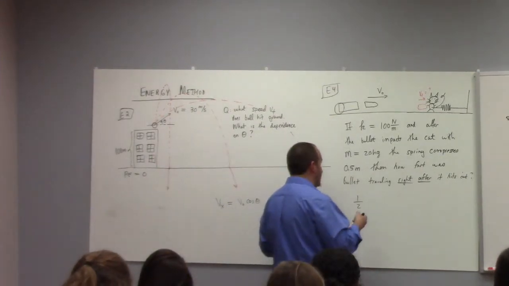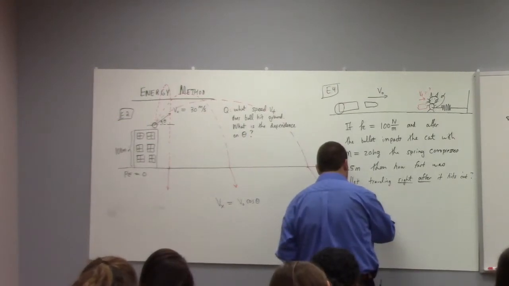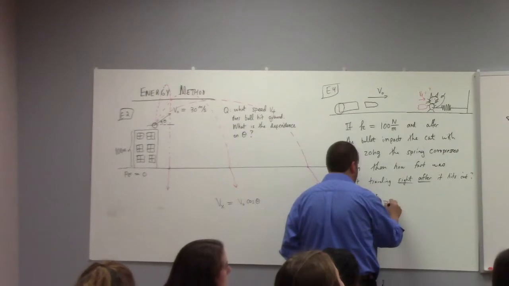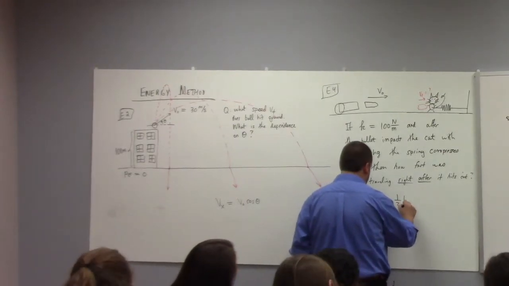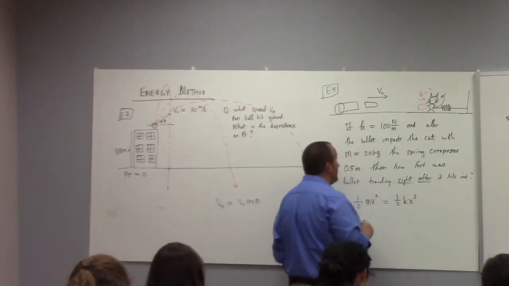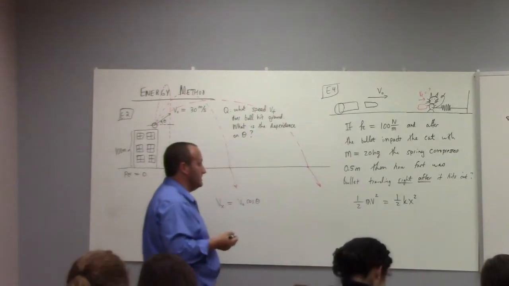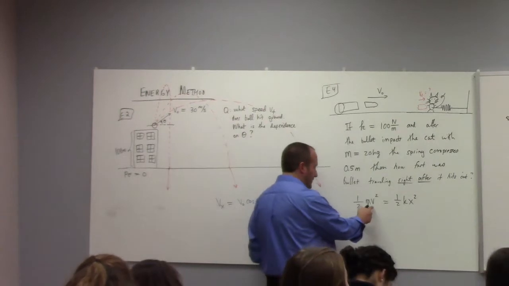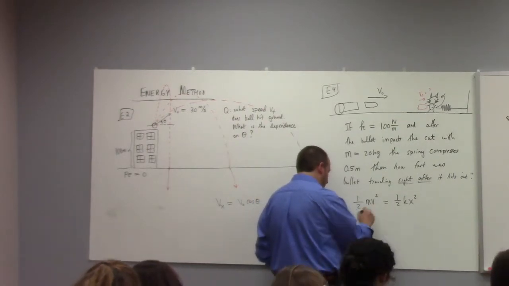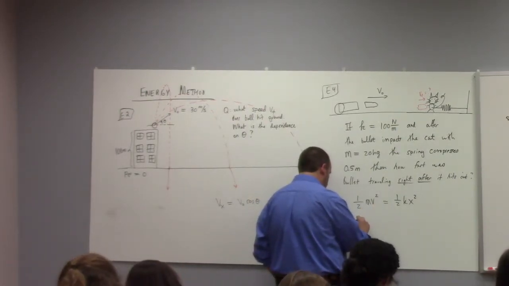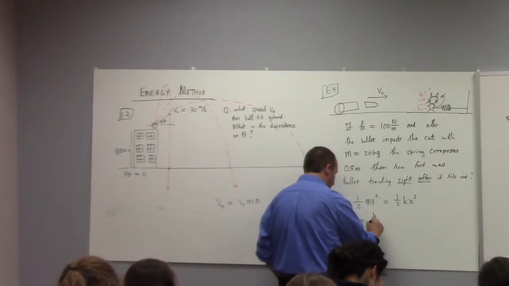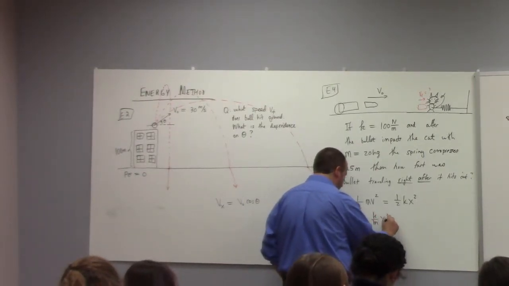So we have 1/2 mv squared is equal to 1/2 kx squared. So we don't know v, right? Multiply by 2, and v squared is equal to k over m, x squared.